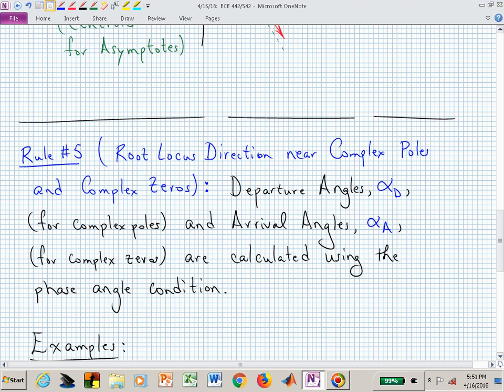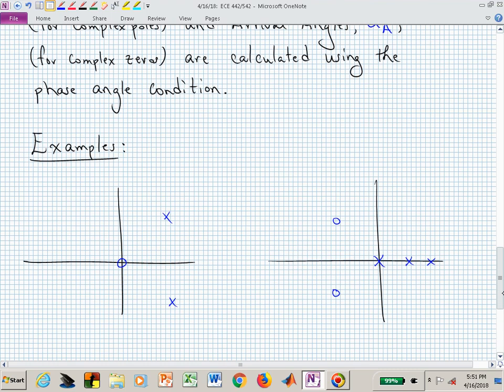That's how we will measure these angles. And the way that we determine these alpha sub d's, the departure angles, and the alpha sub a, the arrival angles, is using our good friend, the phase angle condition. And we'll show that with some examples in a minute.